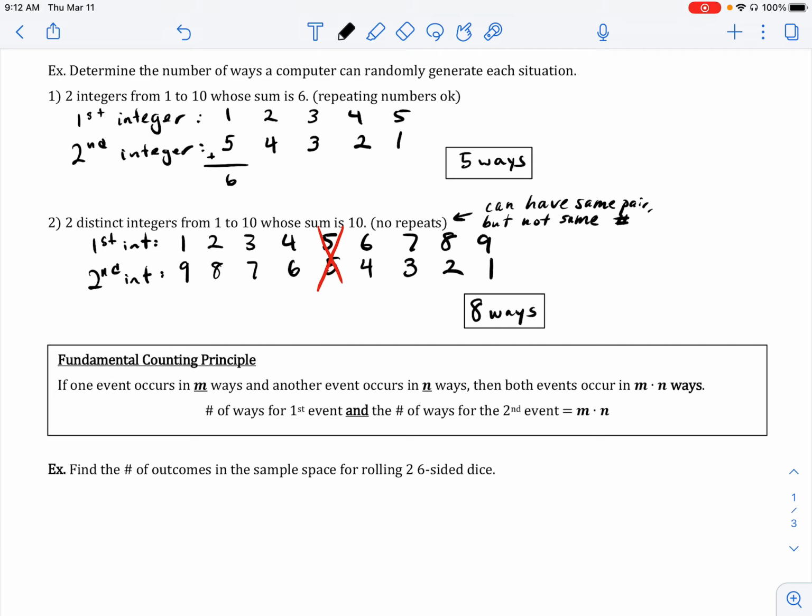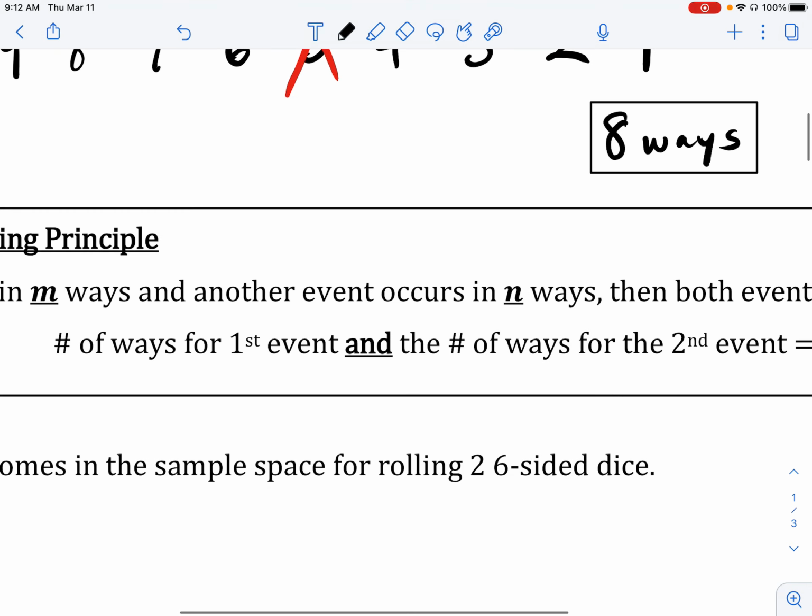That word "and," the fact that it is underlined, is pretty important, because that means we are going to multiply when this is the case.